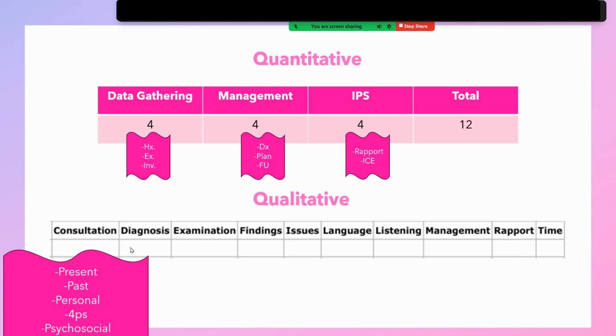Sometimes, because of the stress, doctors cannot reach the provisional diagnosis. If they don't reach the provisional diagnosis, they will get a tick in diagnosis. Does that mean that they will fail the station? No. It depends.